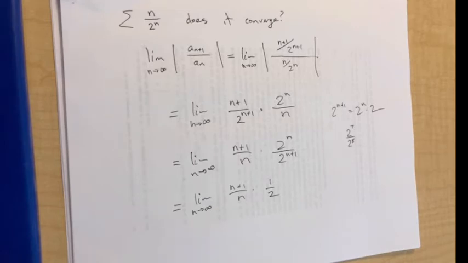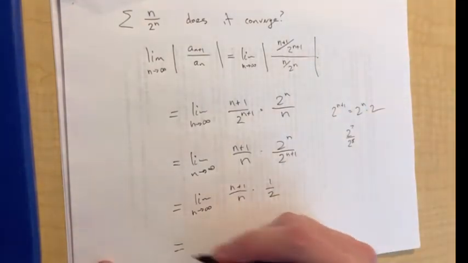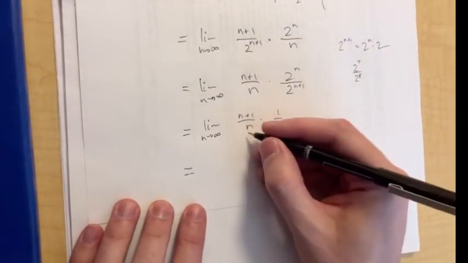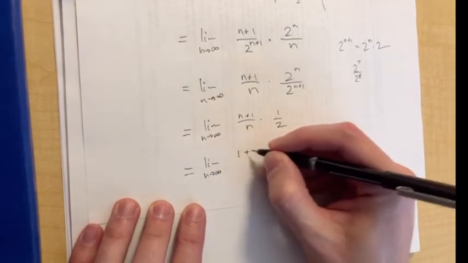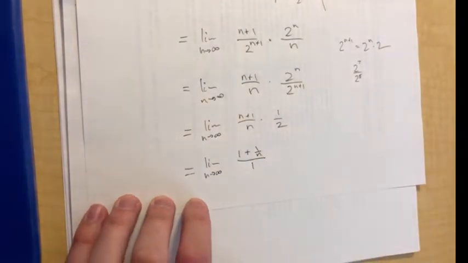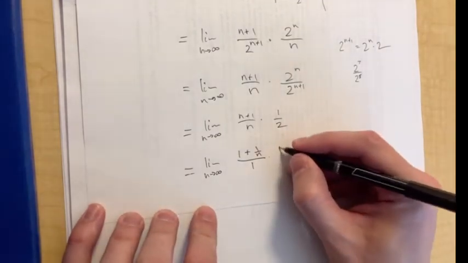So all I have to do now is take the limit of (n plus 1) over n, and you can just divide by the biggest power of n, that simple trick. So when we do that, I'm going to divide out n on that thing. So the limit as n goes to infinity is just (1 plus 1 over n) over 1. I divided top and bottom everything by n. And then, of course, still 1/2 here.